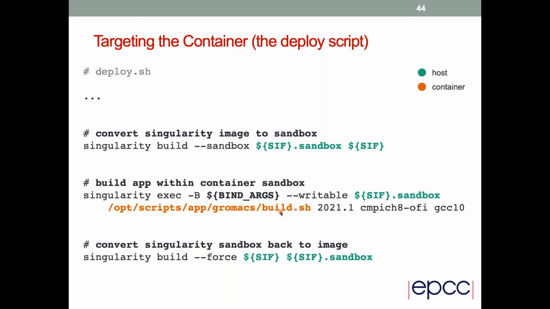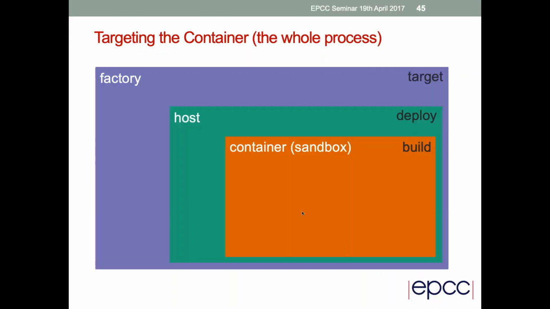I'm using the orange color coding here, which basically controls how GROMACS is built within this sandbox. And as it's built, it will use this particular MPI library, the Cray MPICH 8-OFI.